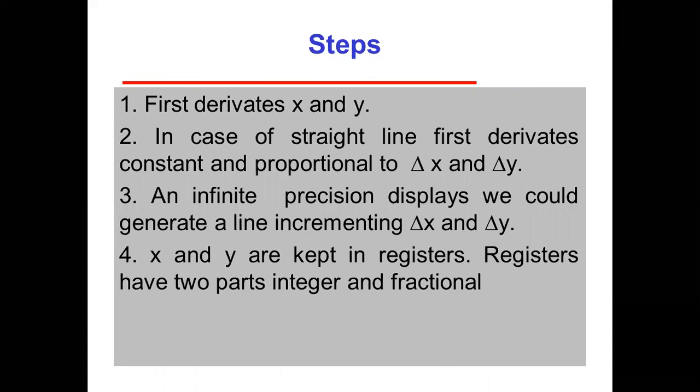In case of the straight line, the first derivative is constant and proportional to delta x and delta y. So on infinite precision displays, we could generate a line by incrementing delta x and delta y, where the values of x and y we can store in different registers.